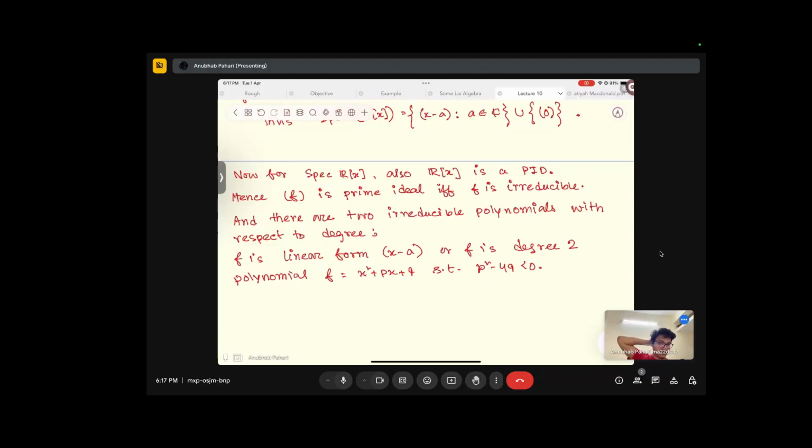That is, complex numbers are like an extension field of degree 2, and that is an algebraically closed field, also the algebraic closure of this R. So if you have an irreducible polynomial and you take a field extension of that over R, then you will be getting a field of degree 3 or dimension 3, right, as a vector space. But that is simply not true, because its algebraic closure has dimension 2.